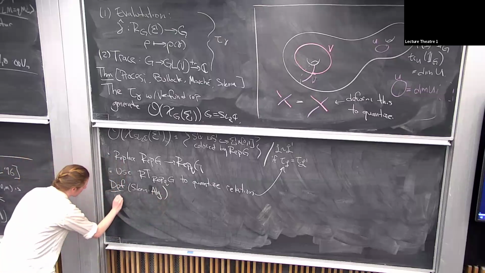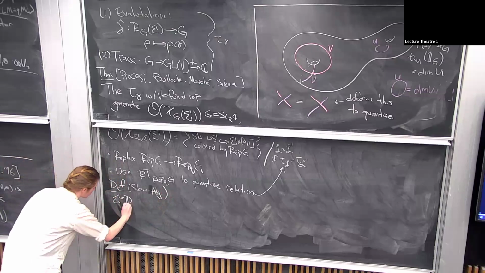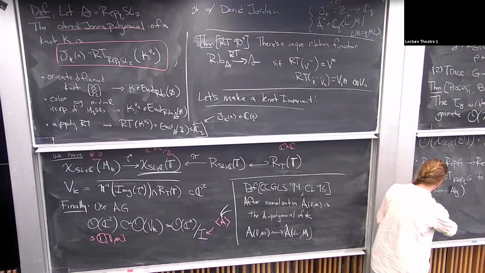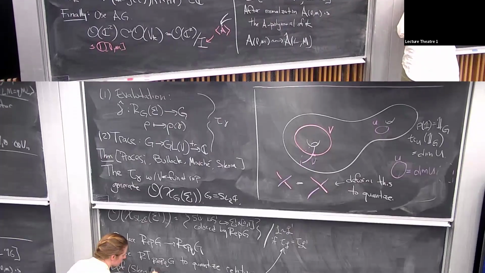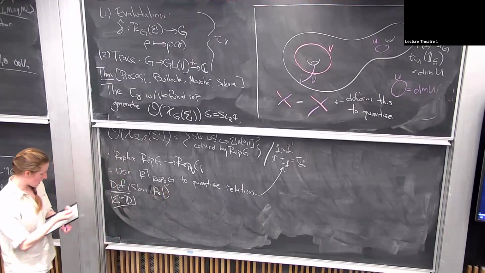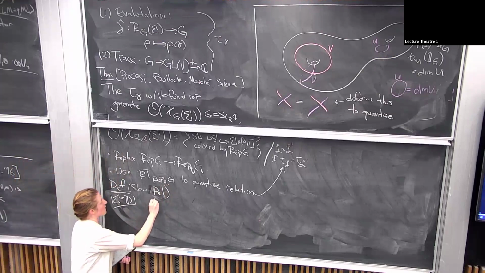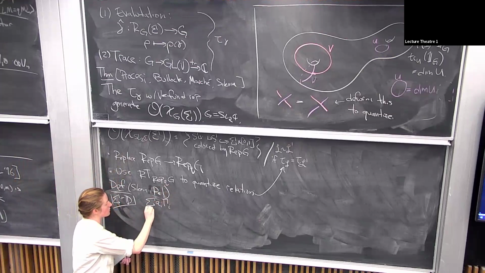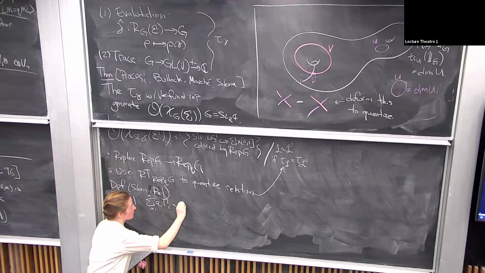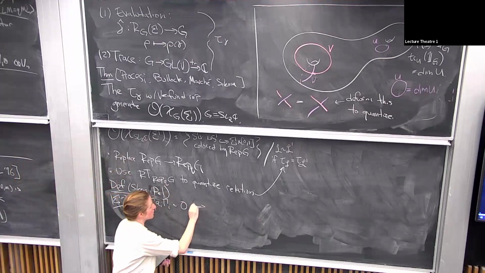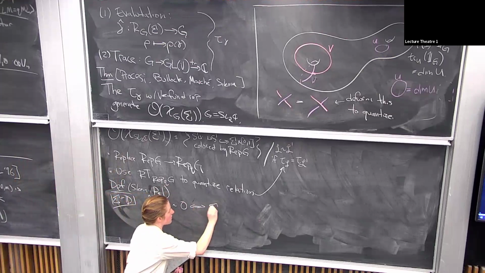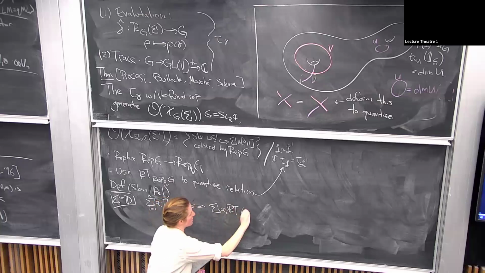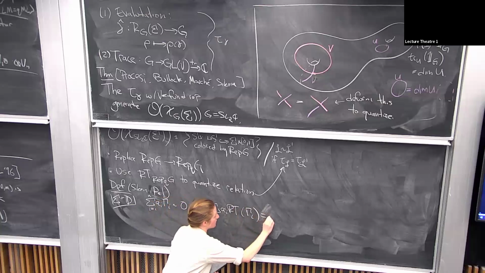And first, let's talk about what it looks like for just a disk. So, sorry, this is actually the skein relations. For just a disk, what I'm going to say is one of these finite sums, i from 1 to n, of graphs, is going to be equivalent to 0 if and only if the Reshetikhin-Turaev functor applied to the sum of a_i RT_i, i from 1 to n, actually equals 0.